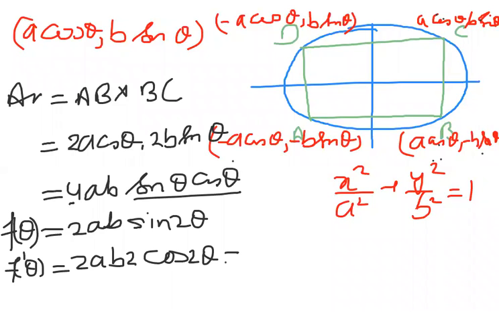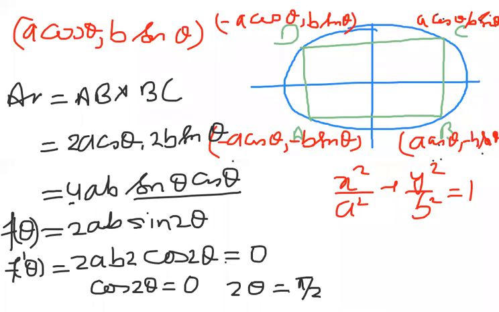F dash theta we need to put equals to 0. So cos 2 theta equals to 0 tells us that 2 theta is equals to pi by 2. That implies theta is giving us pi by 4.